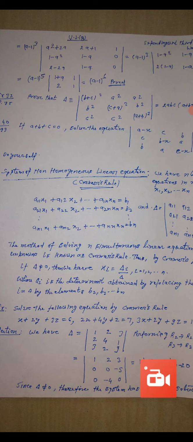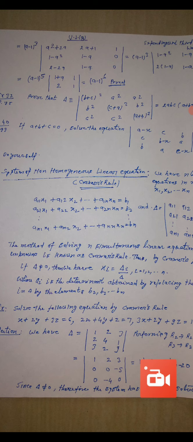So we first put it into determinant form. Here delta is equal to, in the first row 1 2 3, in the second row 2 4 1, and in the third row 3 2 9. If you solve this, finally you will get it equal to minus 20.